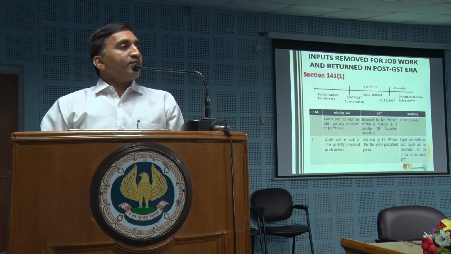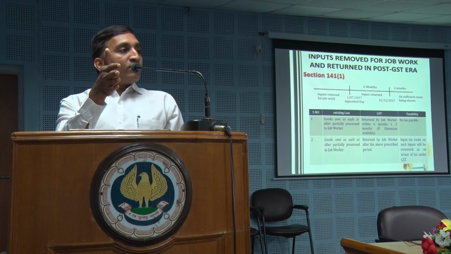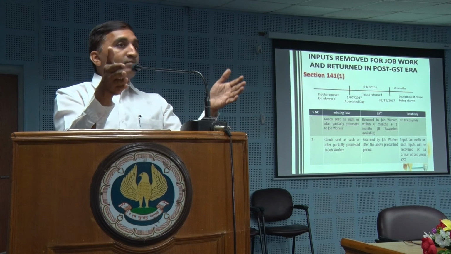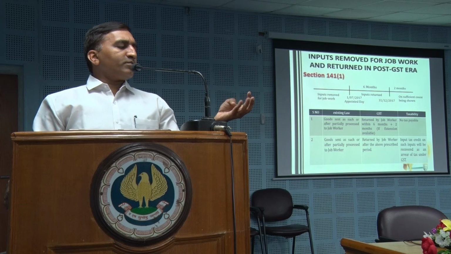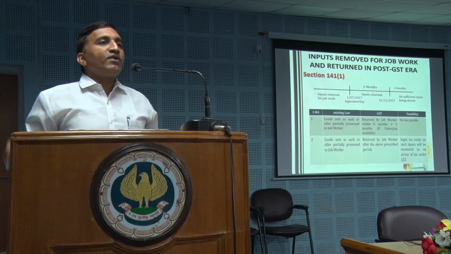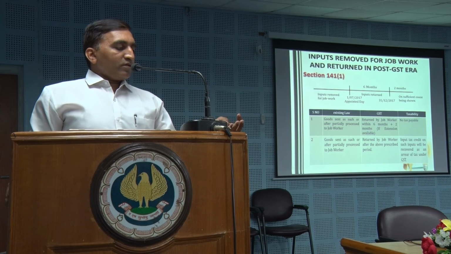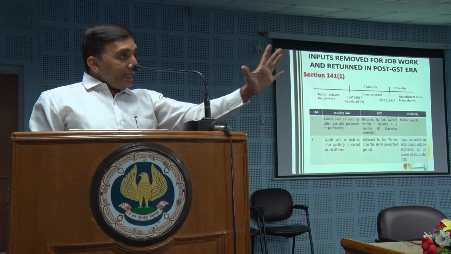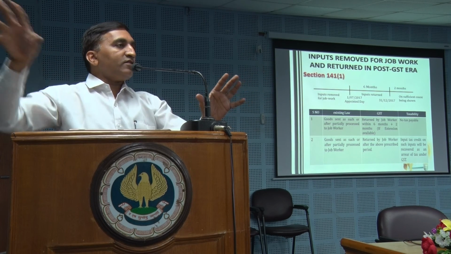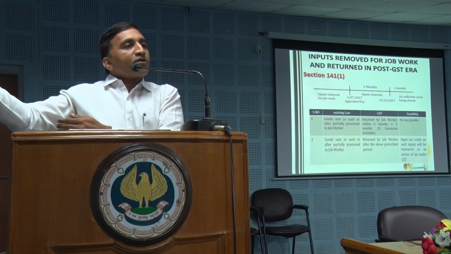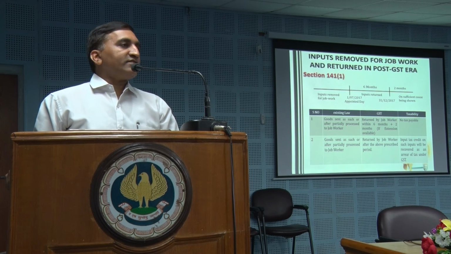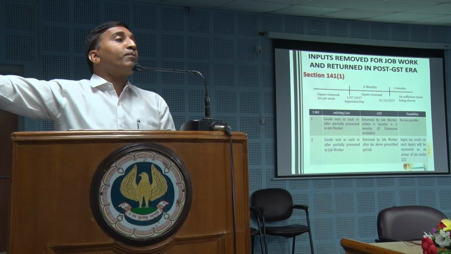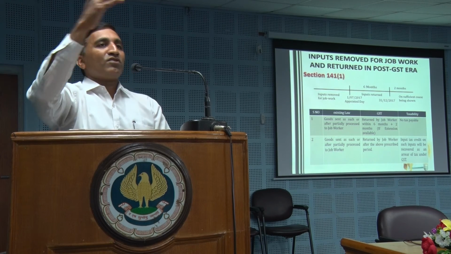So what they are saying in job work is, as on the date of 30th June, before 6 months, that is from January to June, if you have sent any goods for the purpose of job work, that is your own raw material, sending for processing and manufacturing to some other person, then within 6 months from the appointed date, you should get it back after the processing or as it is.